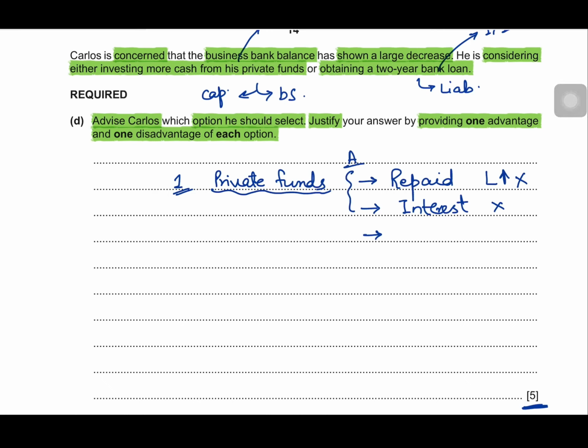Now don't you think that if he puts more money in his business, which is already showing a fall in the business bank balance, this will increase the risk for himself, right?